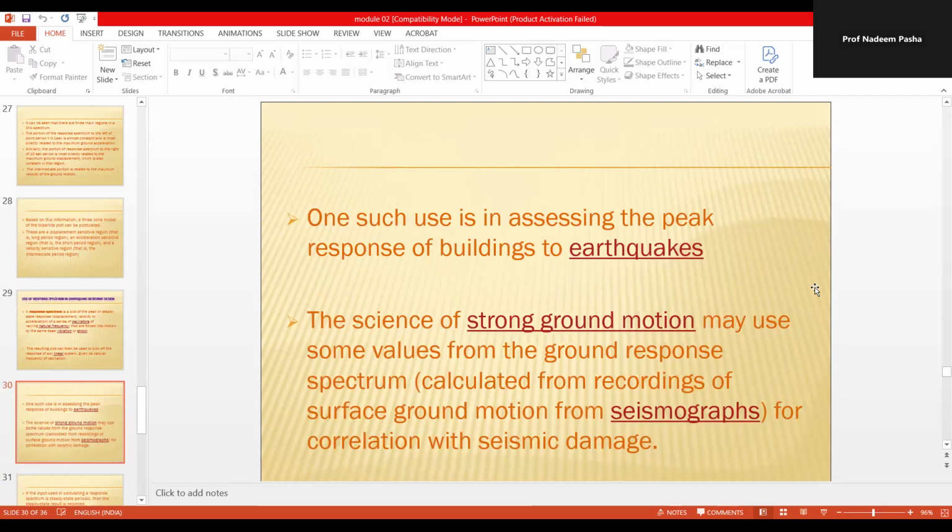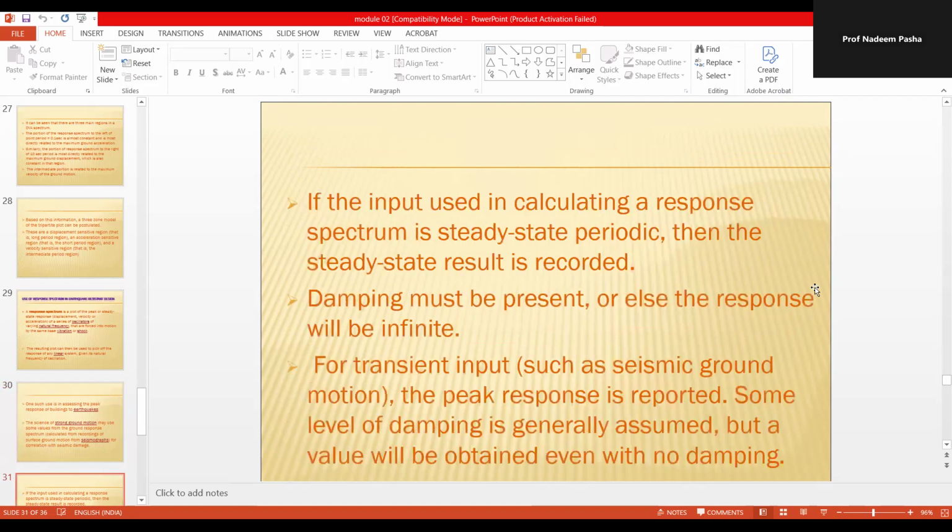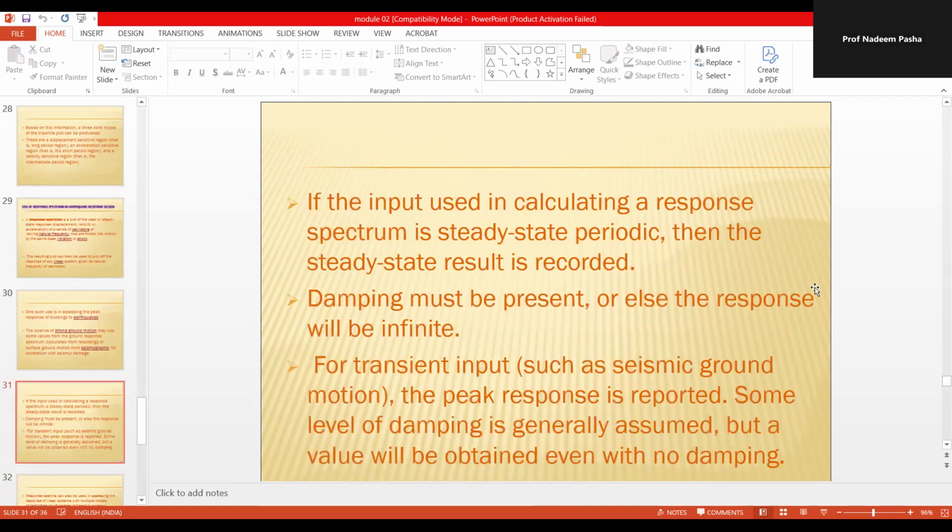One such use is assessing the peak response of buildings to earthquakes. The science of strong motion may use values from the ground motion spectrum calculated for recordings of surface ground motion by a seismograph, for correlation with seismic design. If the input used in calculating a response spectrum is steady state, then the steady state response is also recorded.